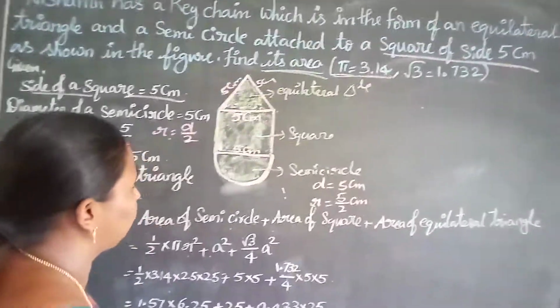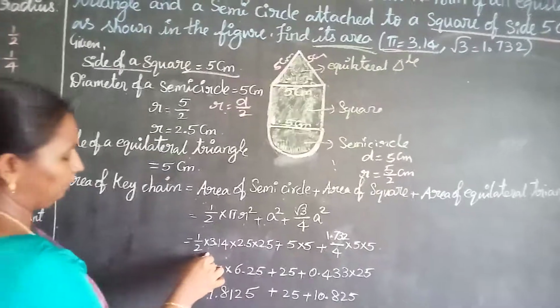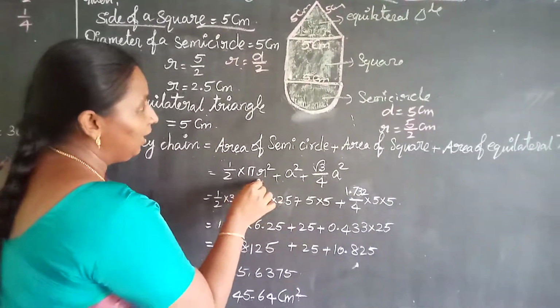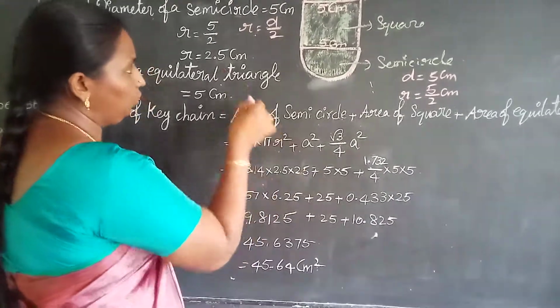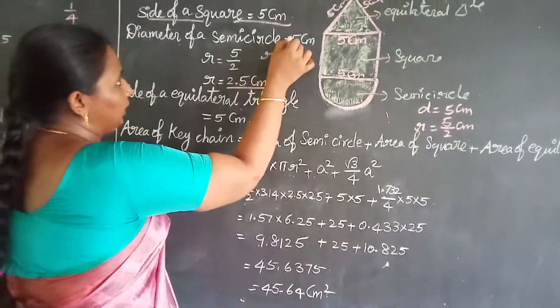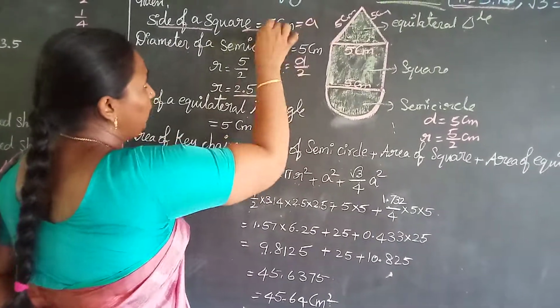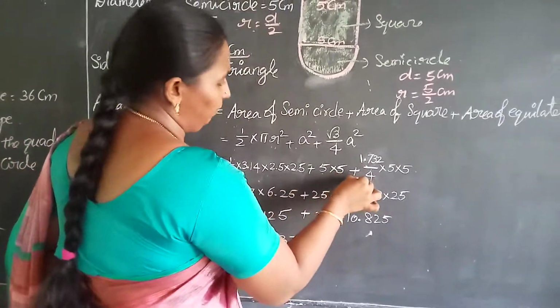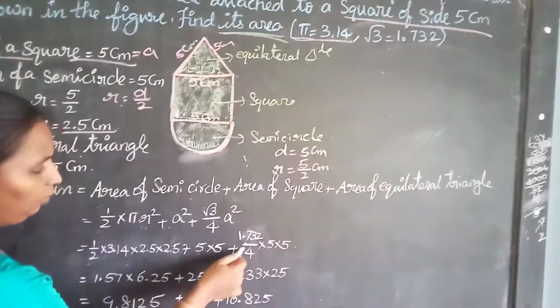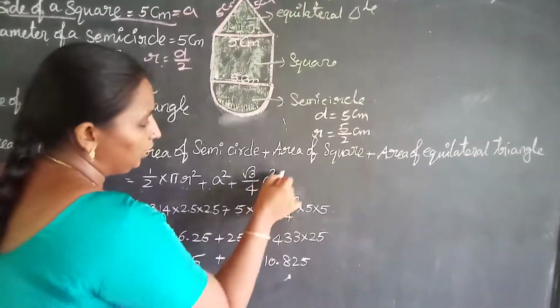Whatever they given in the sum, that pi value only have to substitute. So 1 by 2 into 3.14 plus r is 2.5 into 2.5 plus a square, side is a 5 cm, 5 into 5 plus root 3 value they given in the sum 1.732 divided by 4 into a square 5 into 5.